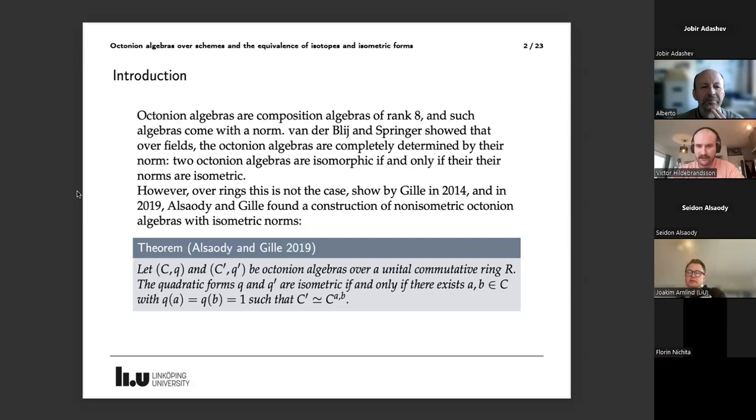So Octonion algebras are composition algebras of rank 8. And such algebras come with a norm. And in the 50s, van der Blij and Springer showed that over fields, Octonion algebras are completely determined by the norm, in the way that two algebras are isomorphic if and only if their norms are isometric.